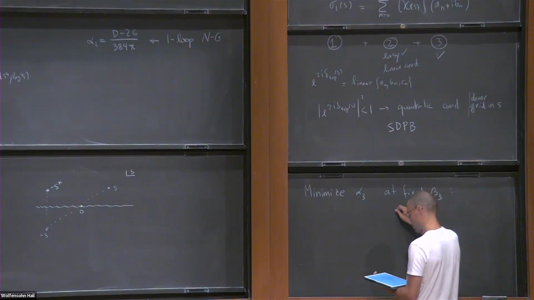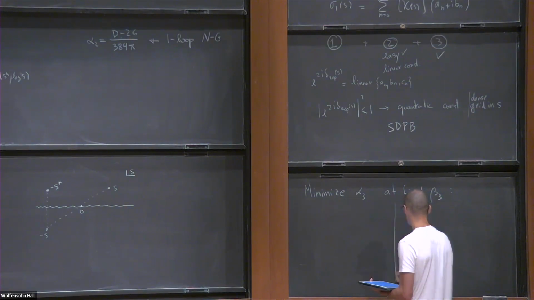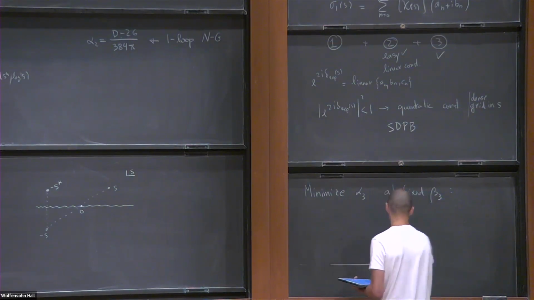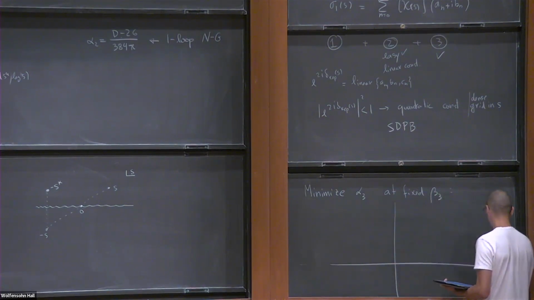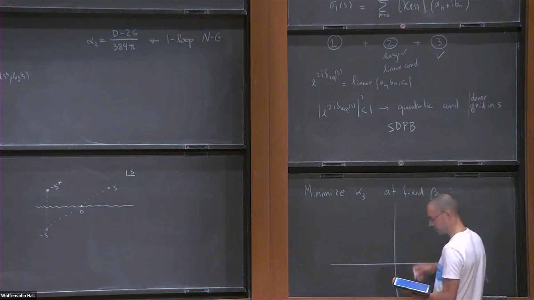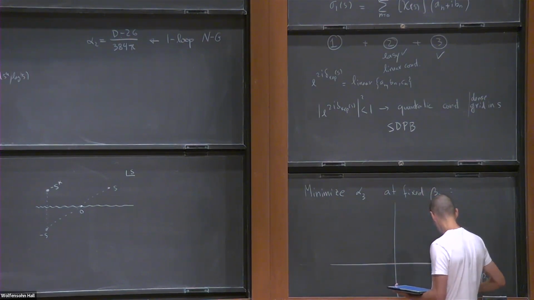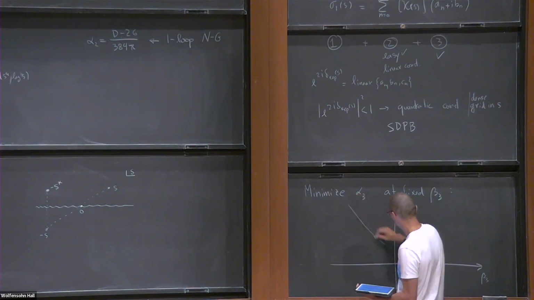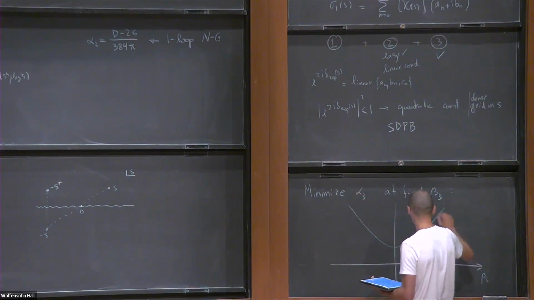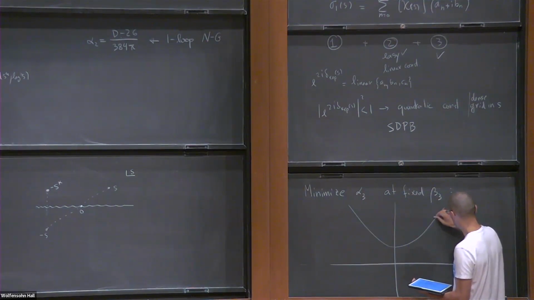So let me show you the results. At fixed beta 3, for every value of beta 3, we minimize alpha 3, and we get curves of this form. So maybe I'll do some color. Well, by hand it will look like a parabola or something like that.